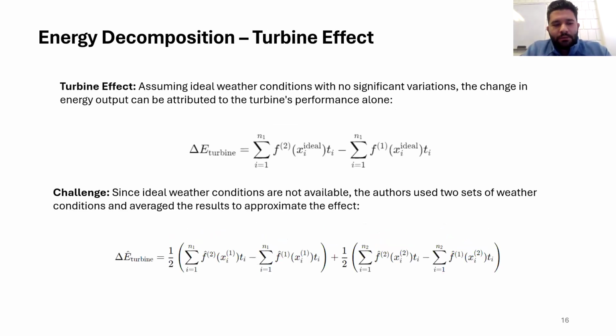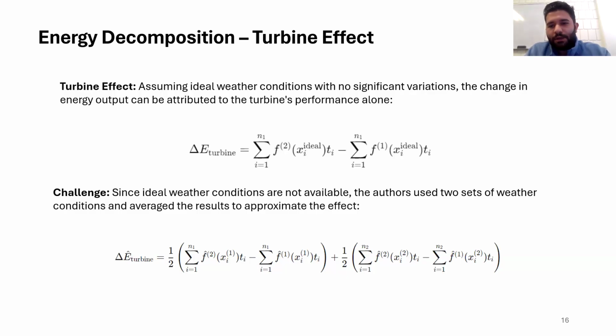Then to approximate the turbine effect, we have almost the same steps. The author assumes that there is such an ideal weather condition in which there are no drastic weather changes. Then the turbine effect can be approximated by applying power function 2 and then minus power function 1 on the ideal weather condition.